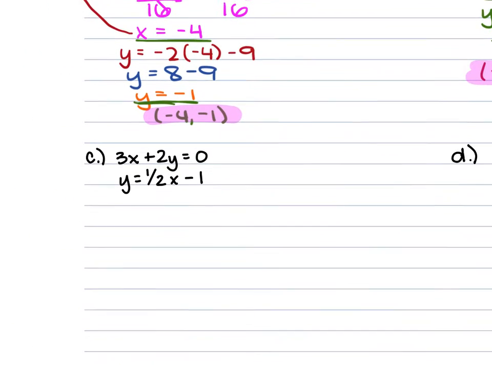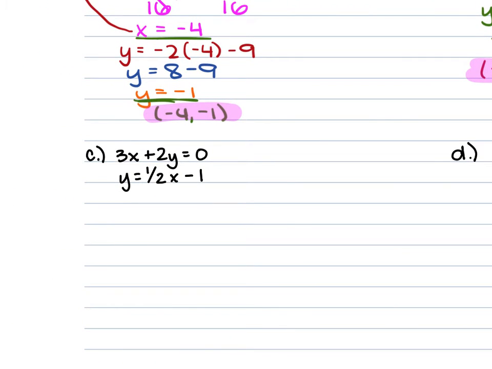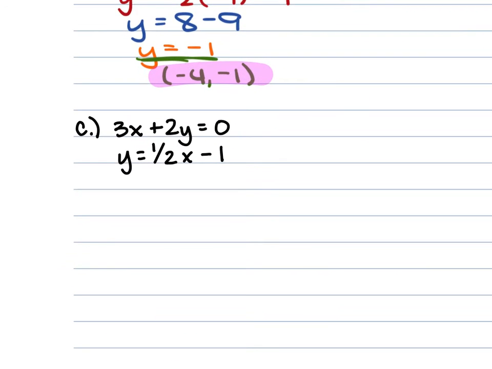For example C, we have 3x plus 2y is equal to 0, and y is equal to 1/2 x minus 1. One of these equations is already solved for a variable, so I'm going to use that 1/2 x minus 1 to substitute in for y in my first equation. So I'm going to have 3x plus 2 times y, well, y is 1/2 x minus 1, is equal to 0.